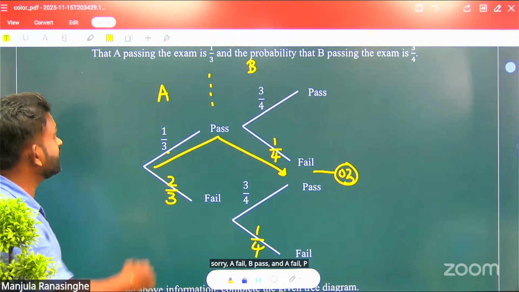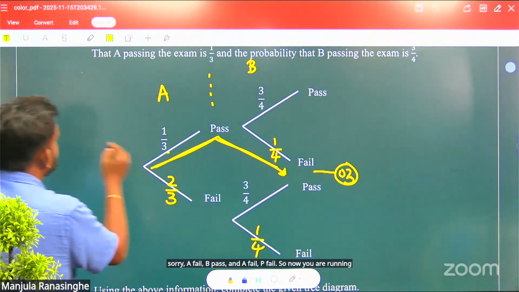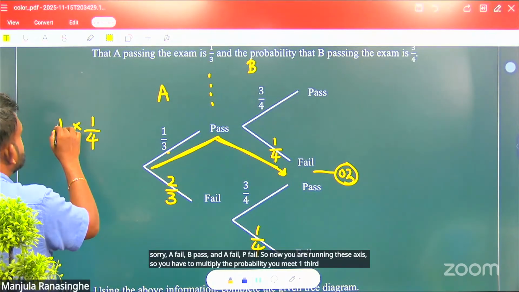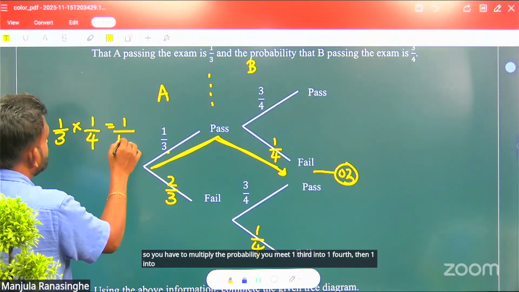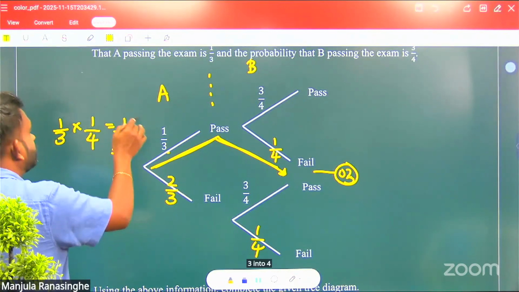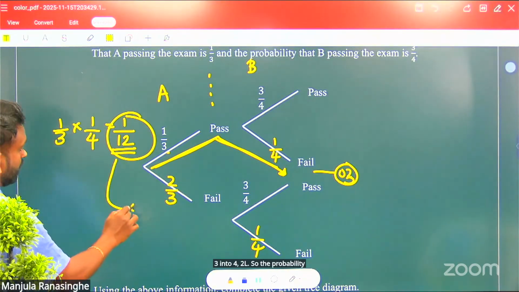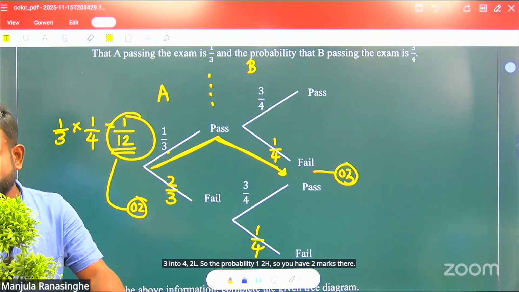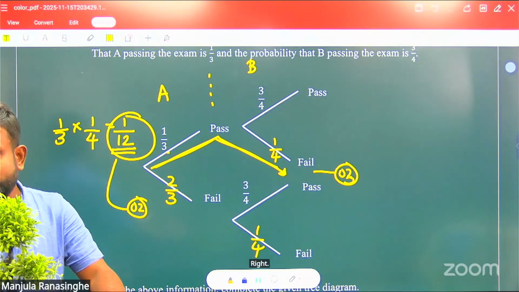So now you are running this path. You have to multiply the probabilities: 1/3 into 1/4, so 1 upon 12. So the probability is 1/12. So you have 1 mark there. Then that makes 10 marks.